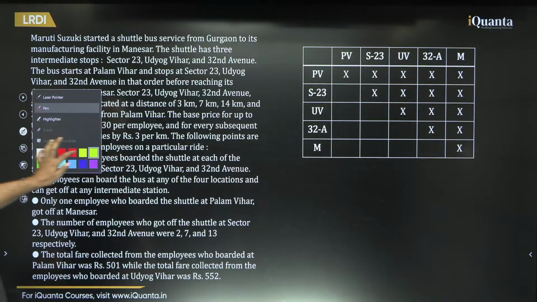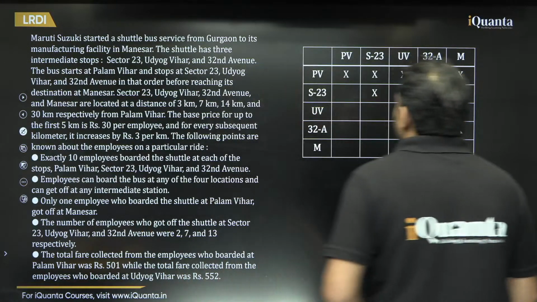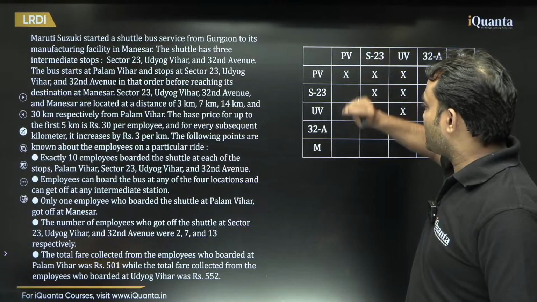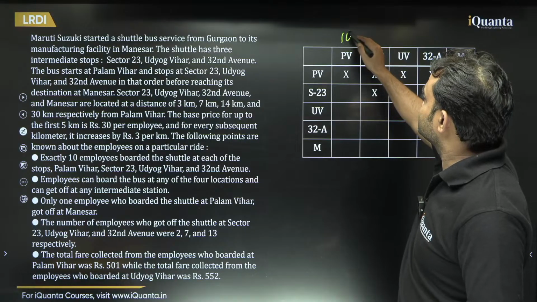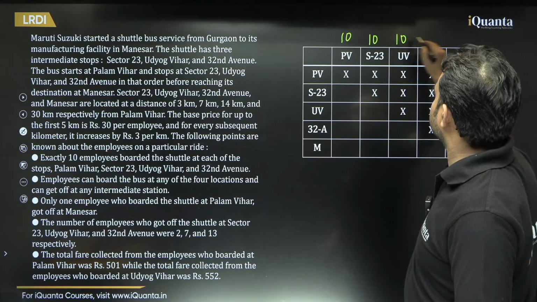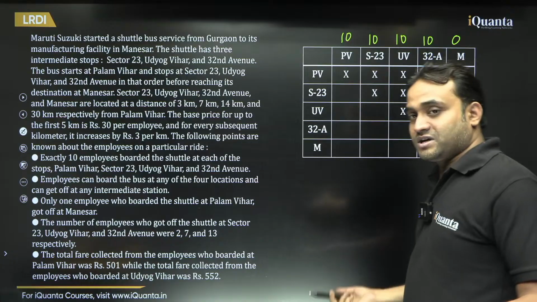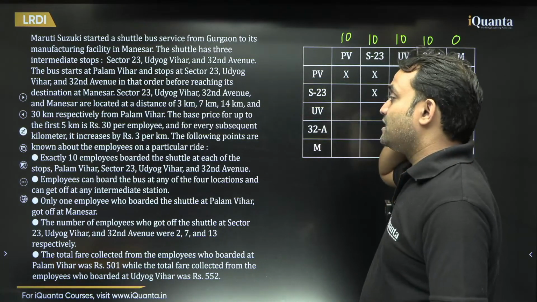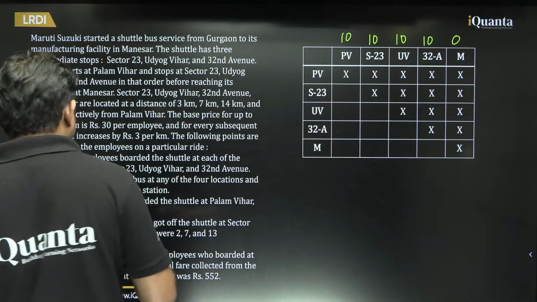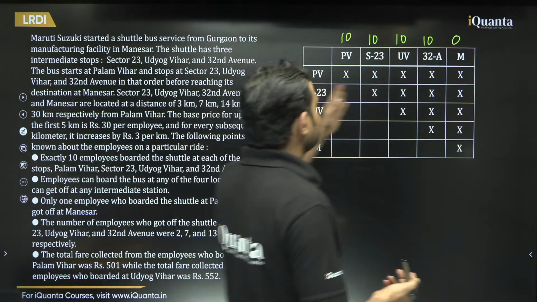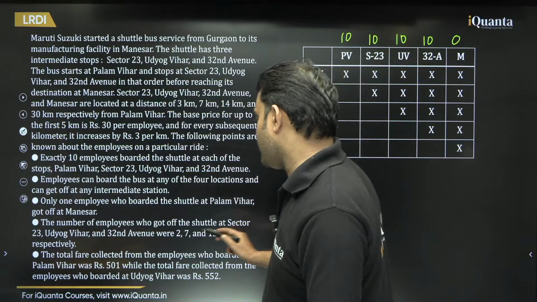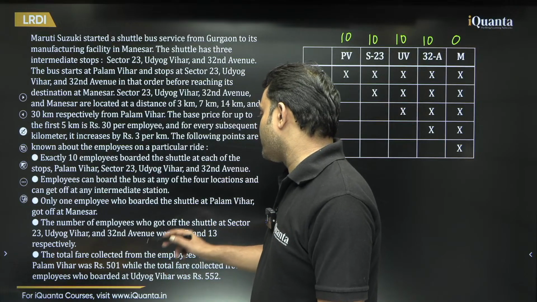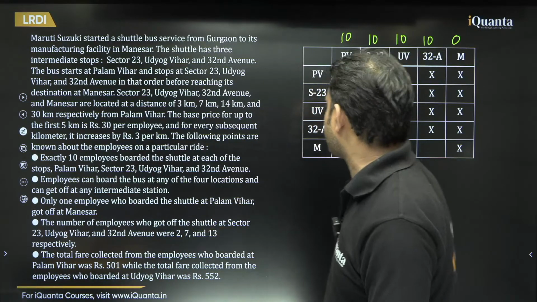So it would be nice if we make a table. Let's say 10 employees get on at Palam Vihar, 10 here, 10 here, 10 here, and 0 at Manesar, because all of them whatever is remaining will get off at Manesar. Now it says the number of employees who got off the shuttle at Sector 23, Udyog Vihar, 32nd Avenue were 2, 7, 13 respectively.